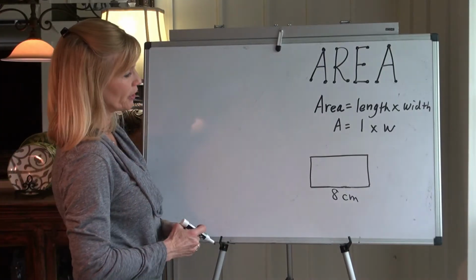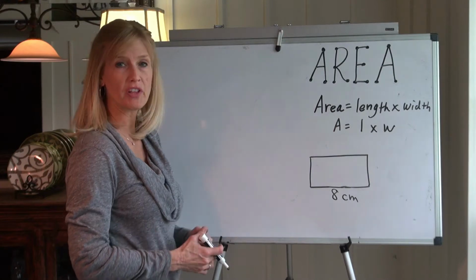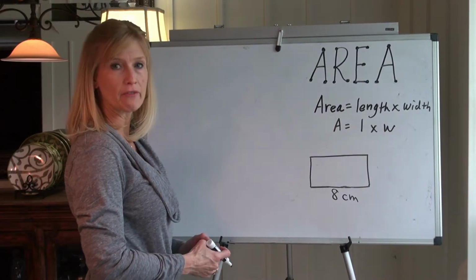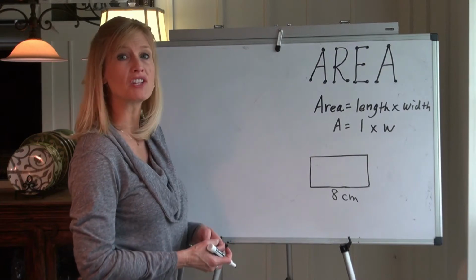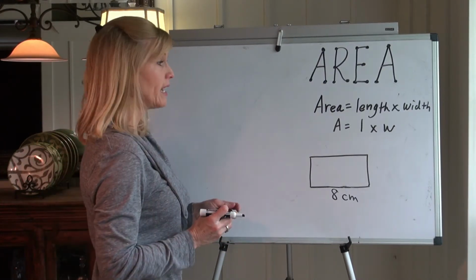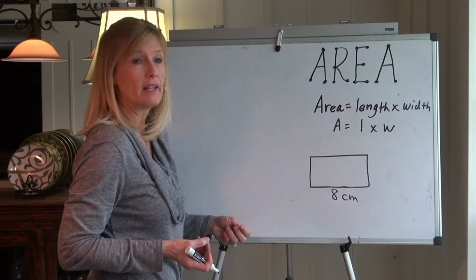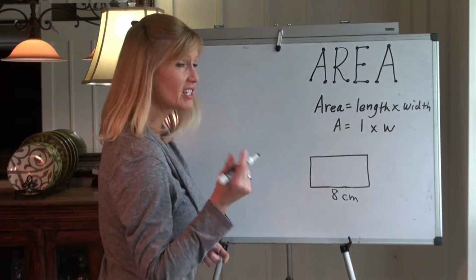Now let's look over here. Could we figure out what our missing side is and what the area is based on what we have right here? The answer is no, we don't have enough information. We need a little bit more. So sometimes in 4th grade, they will give you the area and then you have to figure out what is missing. And this is how you do it.